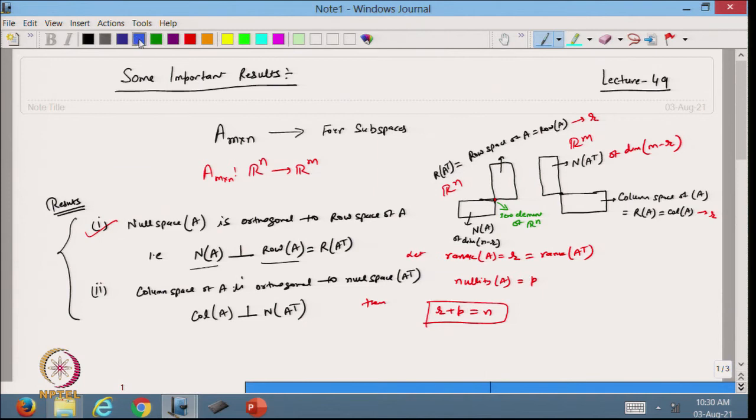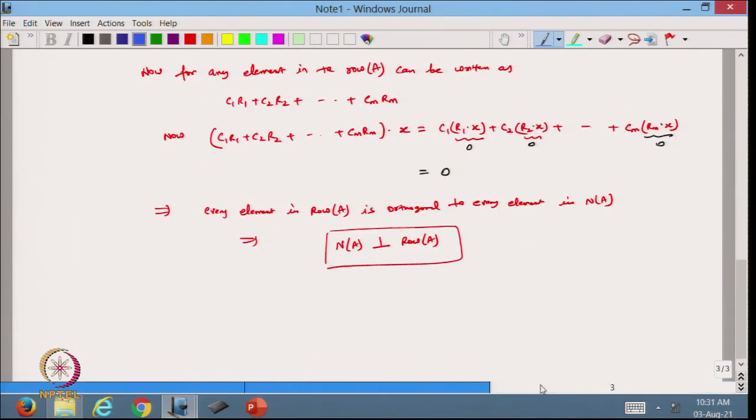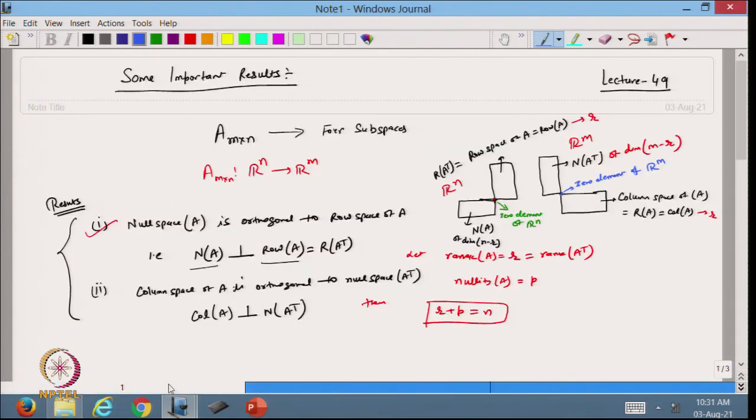Similarly, this is also the 0 element of Rn. So they have only one point common to each other, that is just the 0 element. So we are able to prove the first part of this.